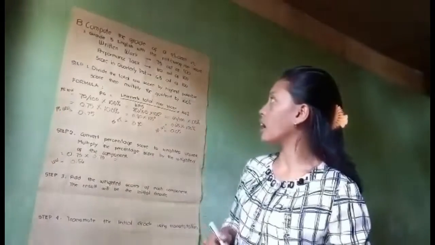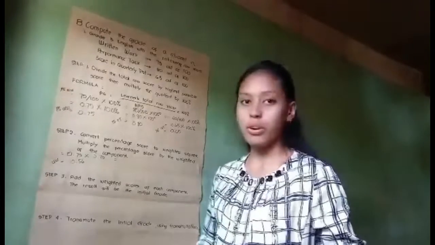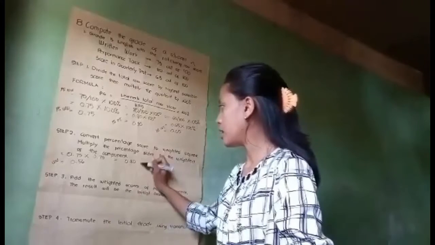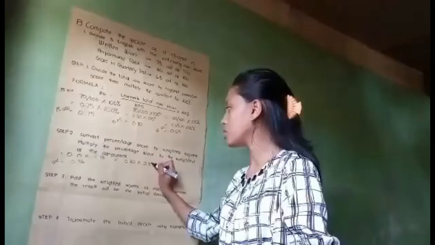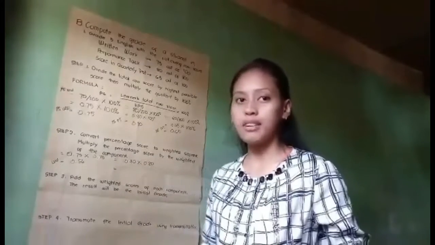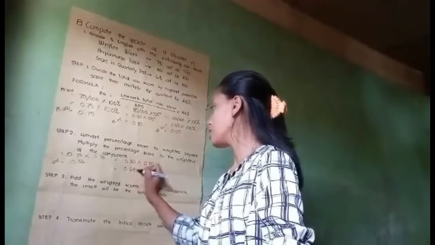And in the performance test, our percentage score is 0.80 and the weight is 0.80 also. So 0.80 times 0.80 equals 0.64.